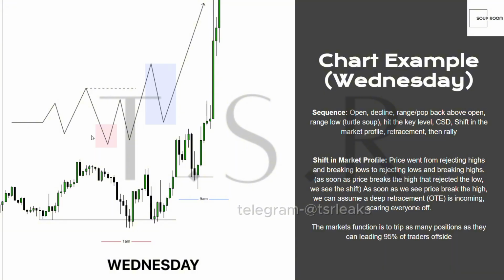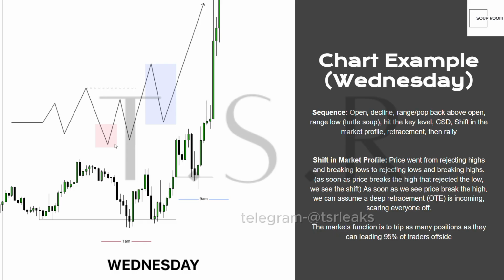Price will range and pop right back above the open before the turtle soup. And then the turtle soup will occur, hit a key level like I just said, change in state of delivery on the higher time frame, of course.